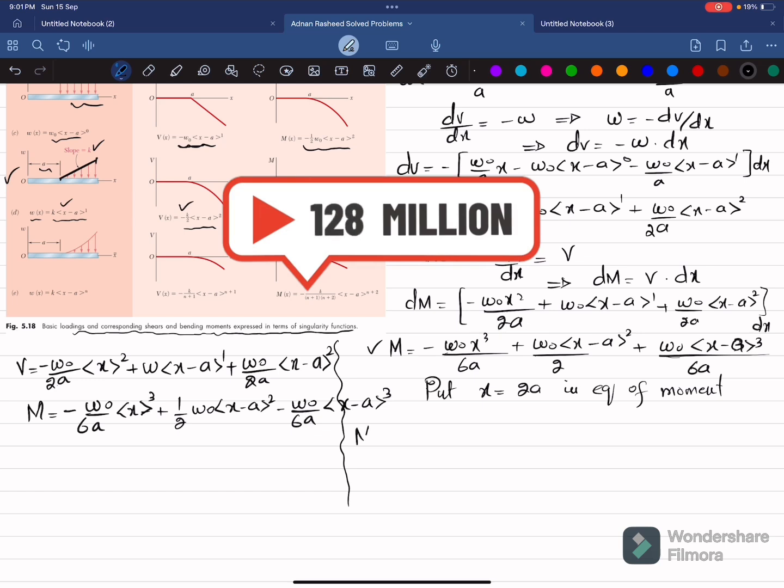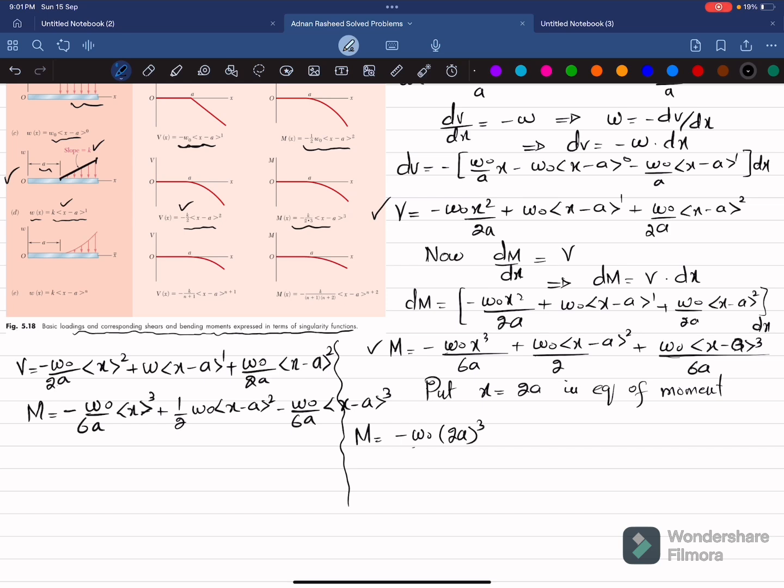So what we will do is put x equal to 2a in the equation of moment. Moment will be equal to minus W naught, x replaced with 2a, whole cube divided by 6a, plus W naught over 2 into (2a minus a) squared, plus W naught into (2a minus a) cubed divided by 6a.